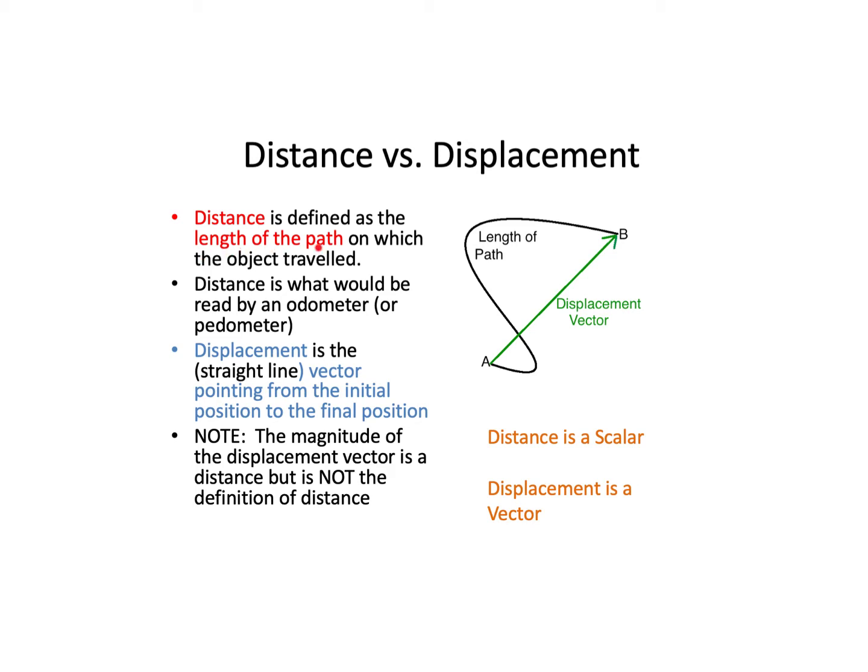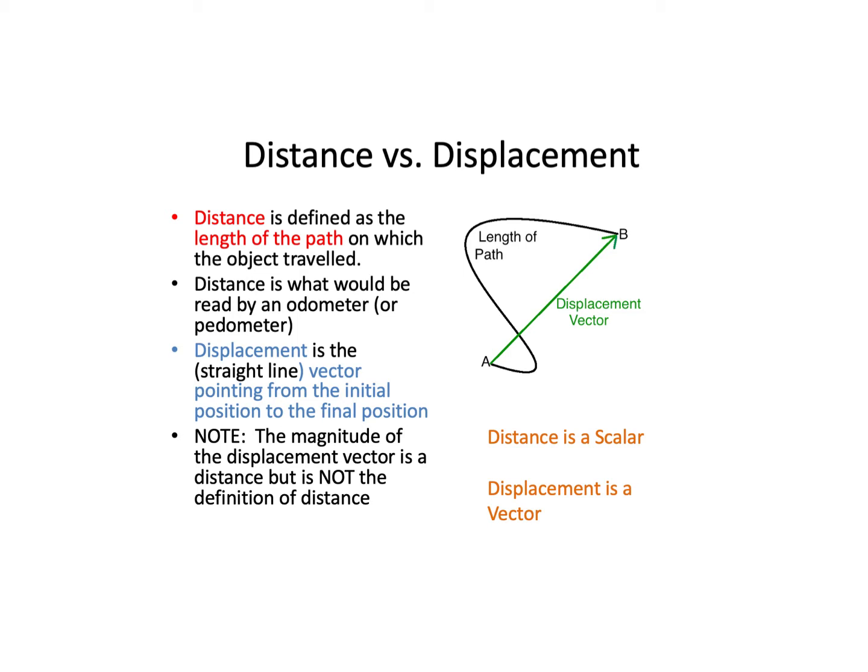It's the length of the path. Now, distance is what would be read by an odometer in your car, for example. So the car's odometer would read how many miles it is from the cabin to the general store along this curving road. The distance of the road, the length of the road is its distance.